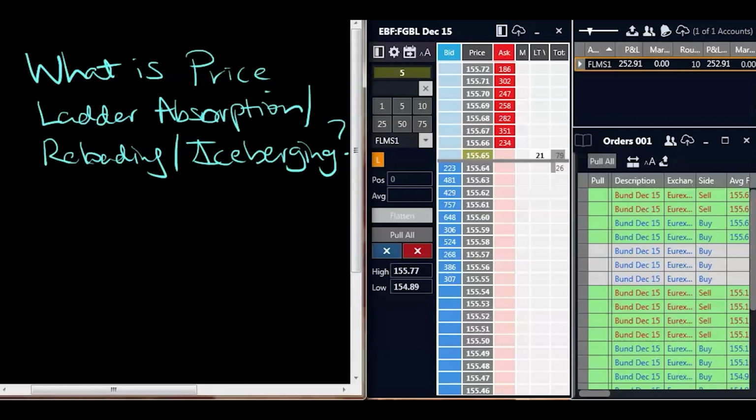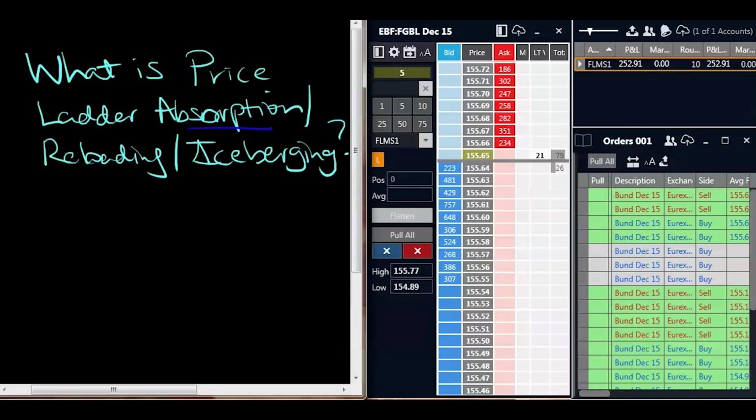Specifically, if we just take a quick look at absorption, to put this briefly, it's basically what the word says. It's when the market soaks up a certain amount of volume. What you see is the market participants doing the absorbing are passively buying or selling a large amount of contracts on the bid or the offer.